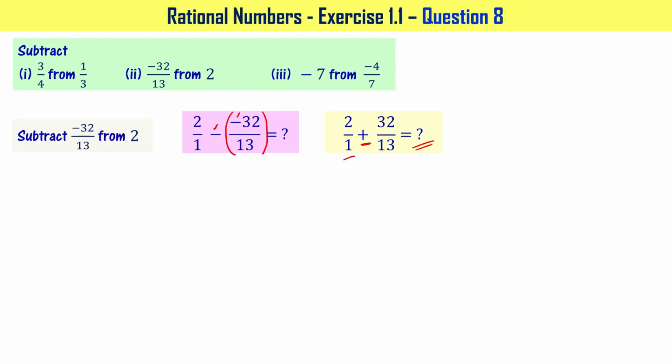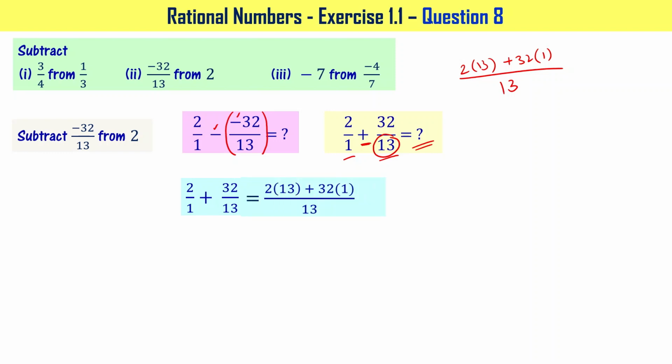As you see here, the denominators are 1 and 13, right? Their LCM is 13. Now 2 times 13 divided by 1 is 13, plus 32 times 13 divided by 13, that is equal to 1. So (2 times 13 + 32 times 1) divided by 13. 2 times 13 is 26, so (26 + 32)/13.